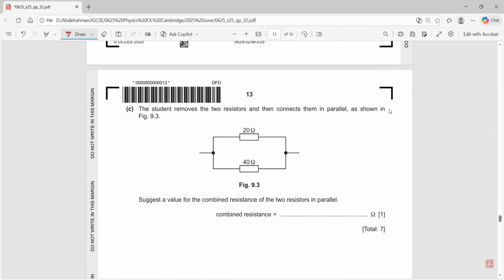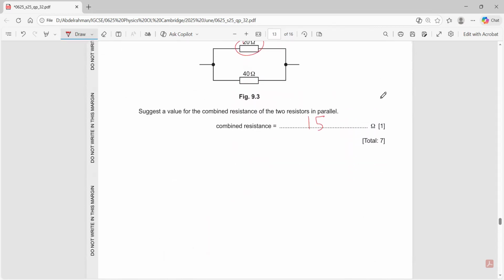We say that the combined resistance of two resistors in parallel is less than the least resistor. The least resistor is 20. So whatever value less than 20 would be correct. So if you say 15 ohms, would this be correct? Yes, it would be. If you say 10, 11, 12, whatever, any value less than 20 would be okay.